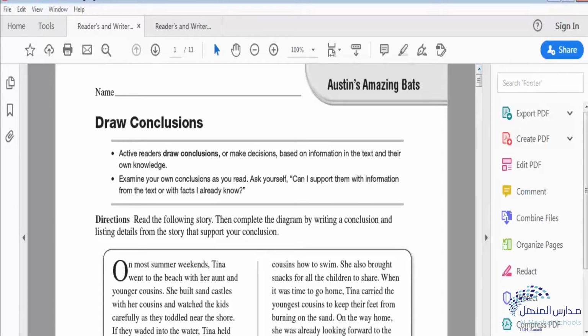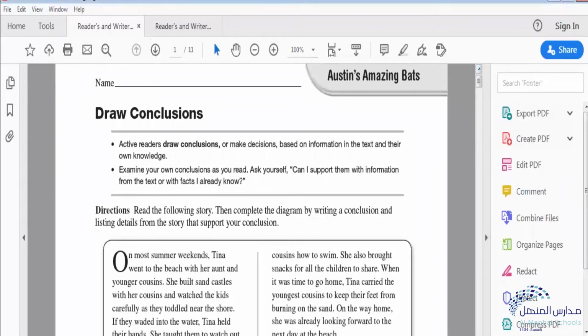On most summer days, weekends, Tina went to the beach with her aunt and younger cousins. She built sand castles with her cousins and watched the kids carefully as they toddled near the shore. If they waded into the water, Tina held their hands.